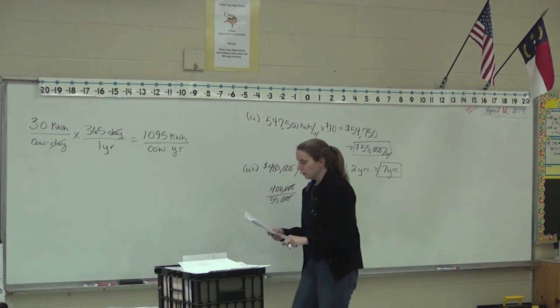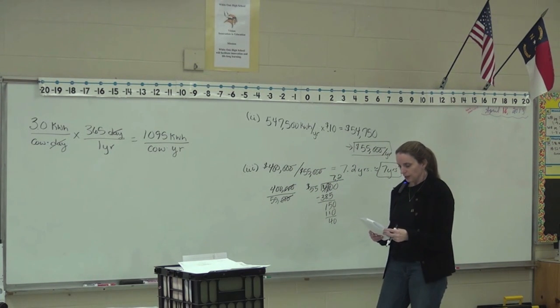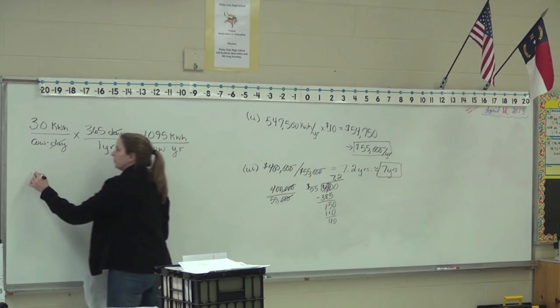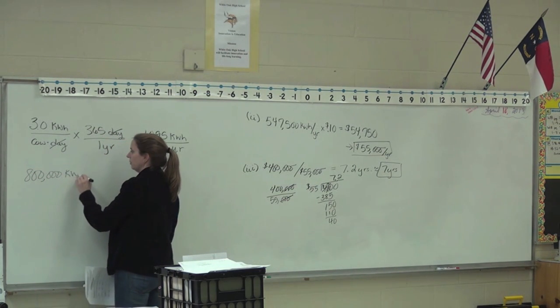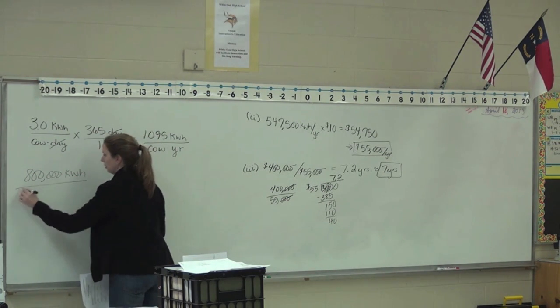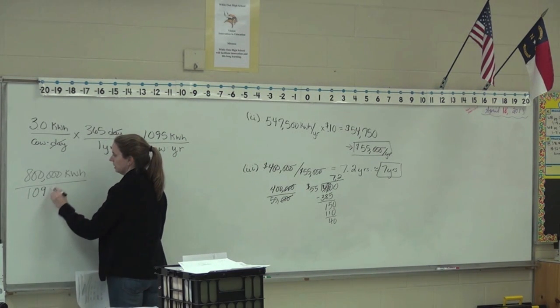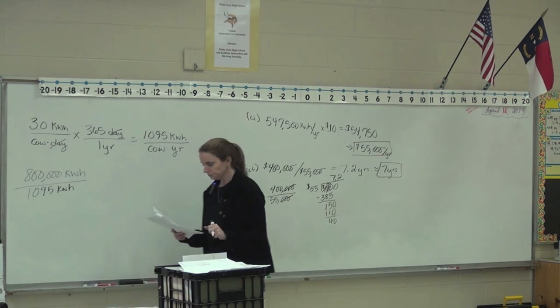Okay? So that's one cow. But we want 800,000 kilowatt hours. One cow can give us 1,095 kilowatt hours. Okay?